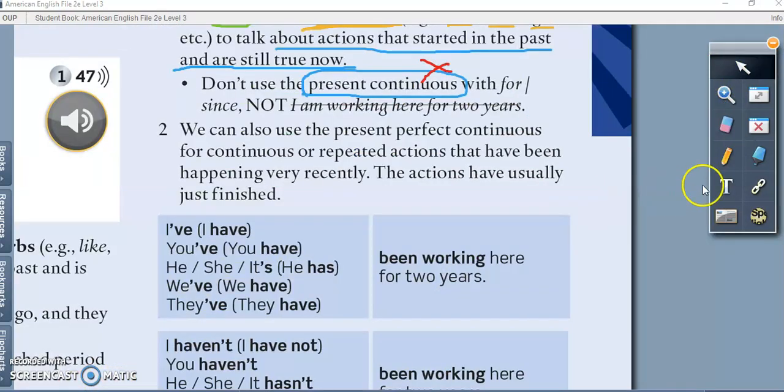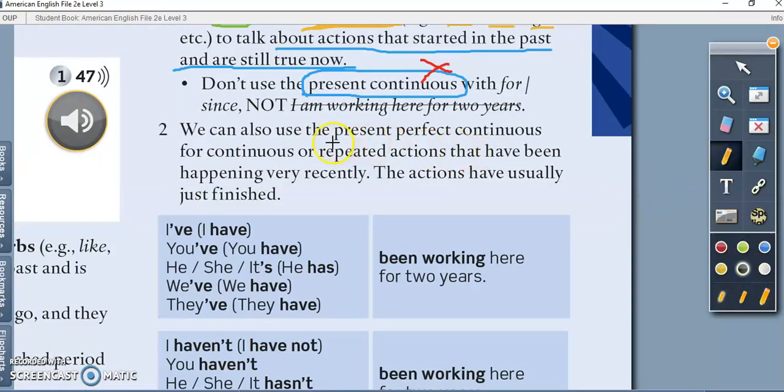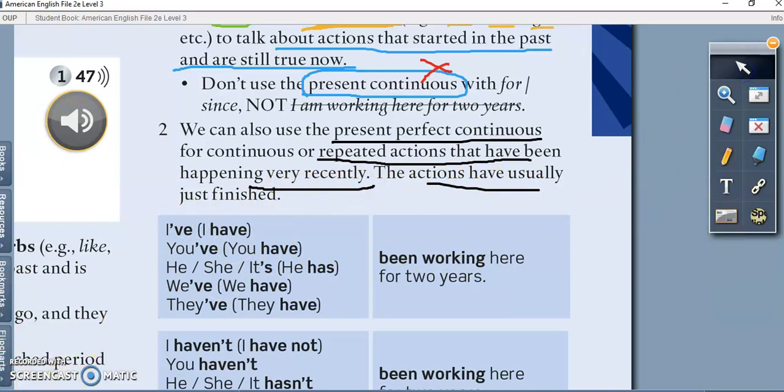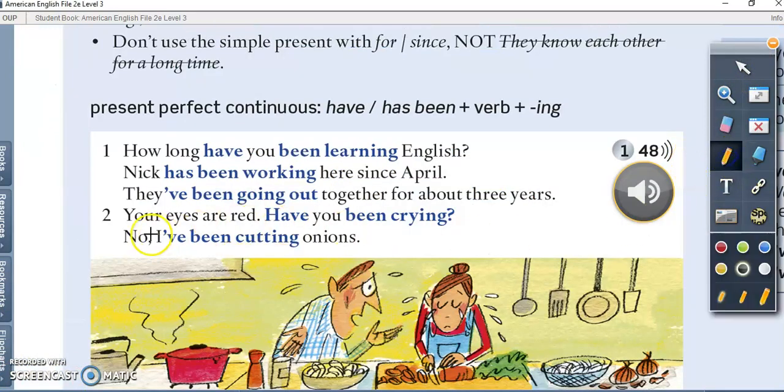We also use the present perfect continuous when we're talking about repeated actions that have been happening very recently. The actions have usually just finished. For example, your eyes are red. Have you been crying?